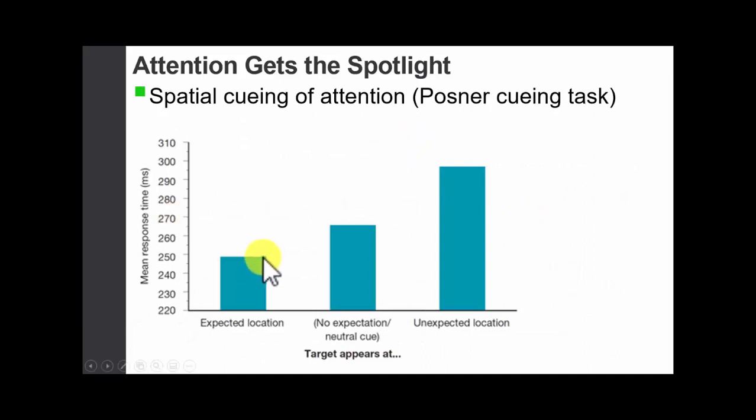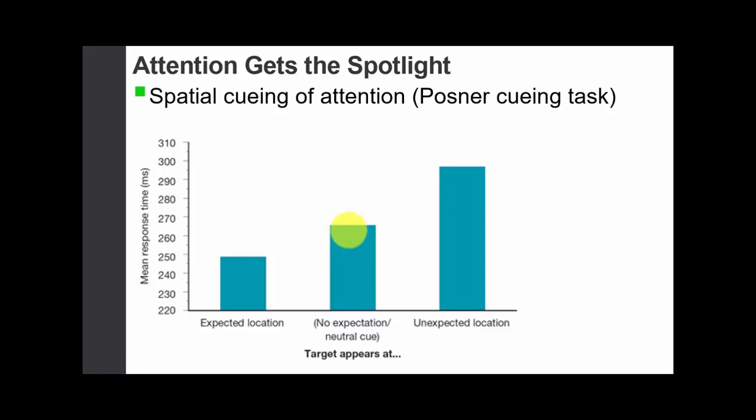Well, here's actually what we find. If we have the no expectation neutral cue, in other words the control condition, it usually takes people on average about 270 milliseconds to correctly recognize which box the target appeared in.